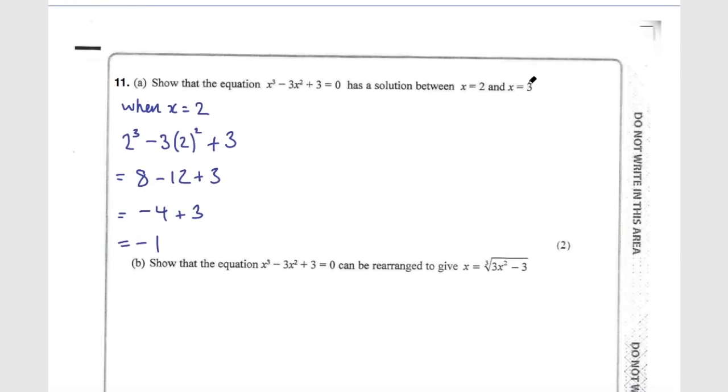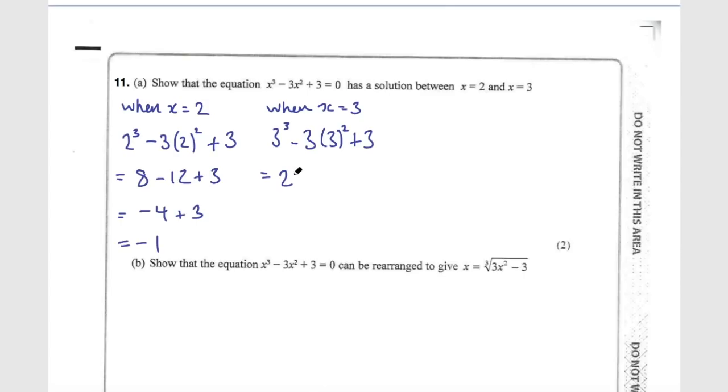And then substitute in x equals 3, so when x equals 3, 3 cubed minus 3 times 3 squared plus 3, and then figure out what this equals.